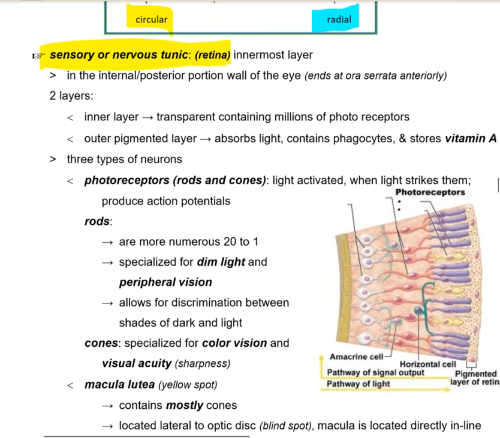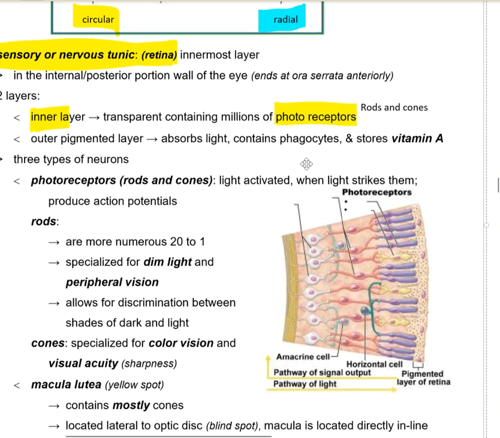It's the innermost layer. It's in the interior and posterior position of the eye. And it's got 2 layers. The innermost layer is transparent, has millions of photoreceptors, and those photoreceptors are called rods and cones. You'll see this in just a minute.